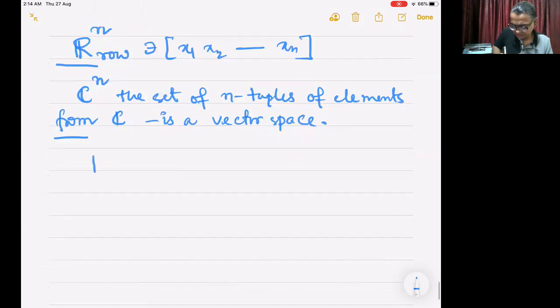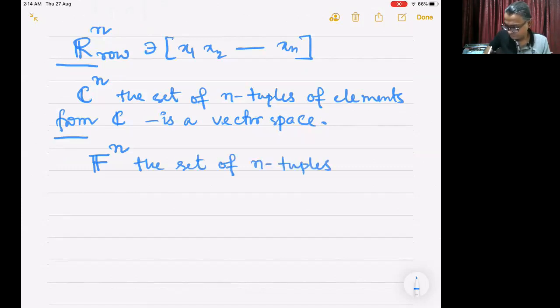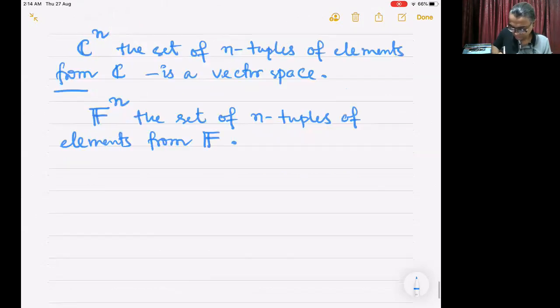In fact, why should we restrict ourselves to C? Take any field. It's going to be a vector space. This is the set of n-tuples of elements from the field F, so in proper notation, F to the n is the vector space.